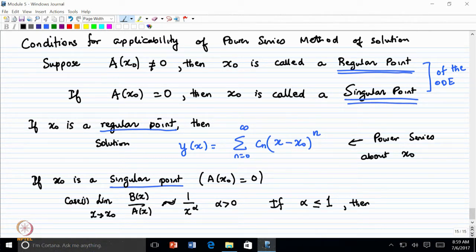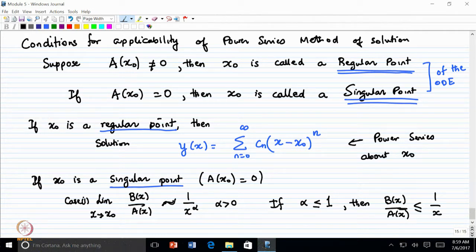Then we say that b of x divided by a of x is less than 1 over x, or less than or equal to 1 over x.